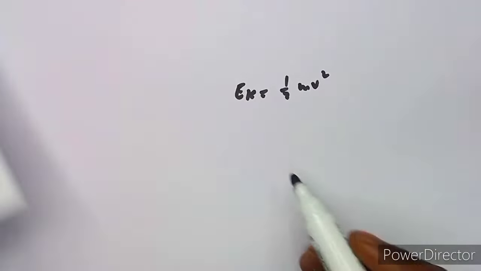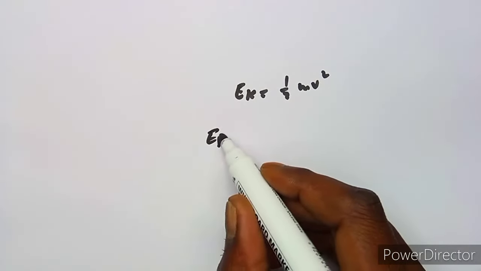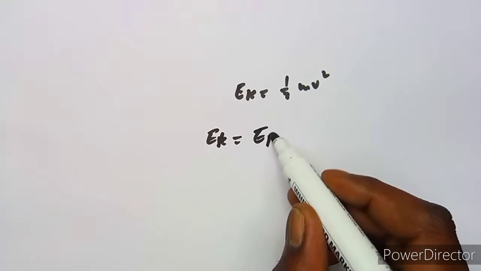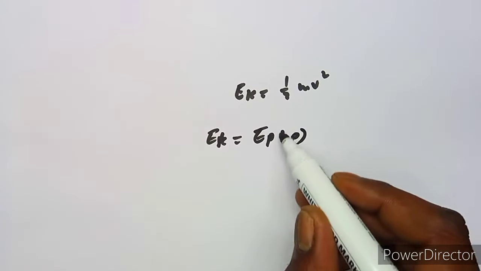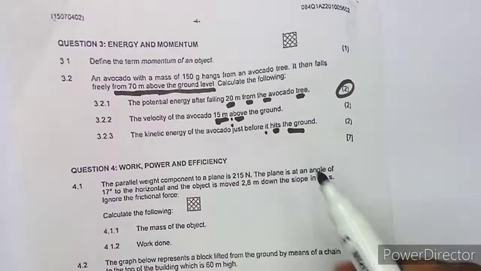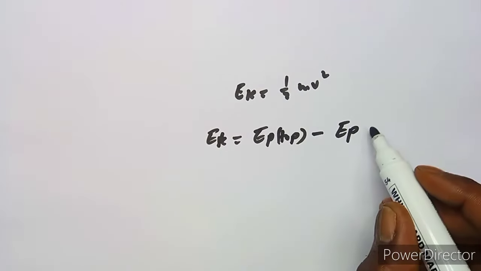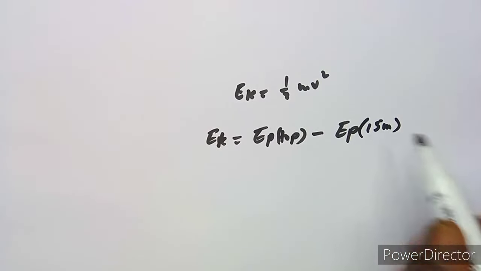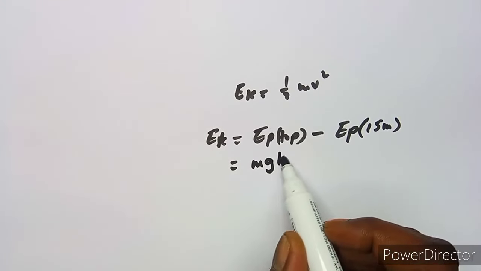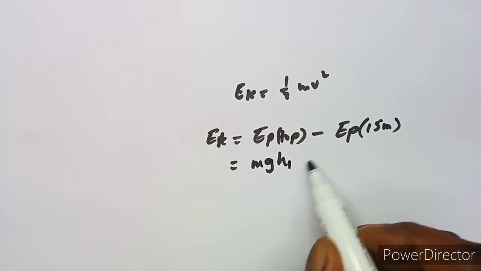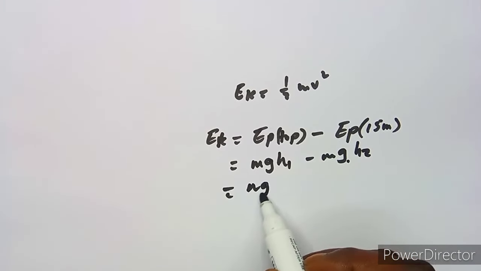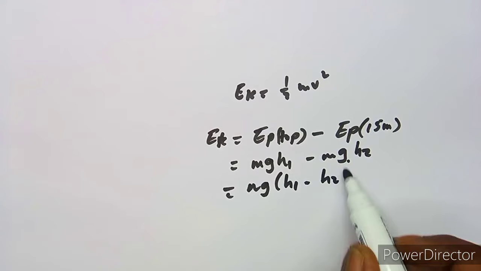So what you're going to have is your kinetic energy being equivalent to the potential energy at the top, EP at the top, minus the potential energy at 15 meters above ground level. This simply means we have got mgh for this height, then another mgh for another height. So you can factor out mg so that you'll be left with h1 minus h2.